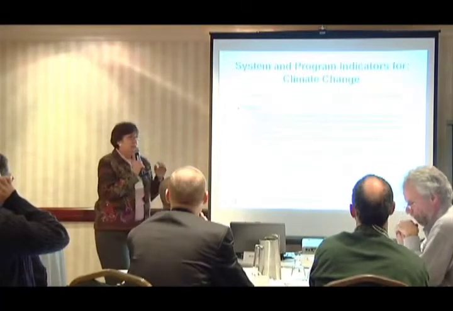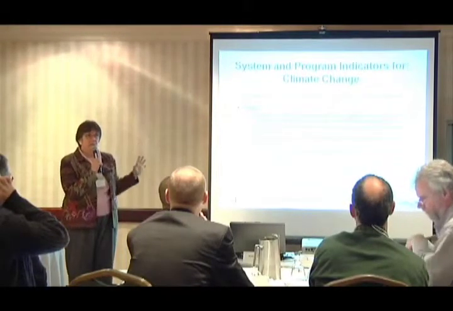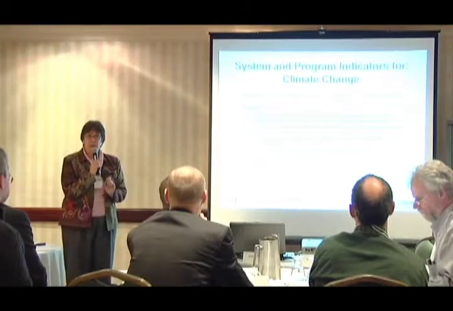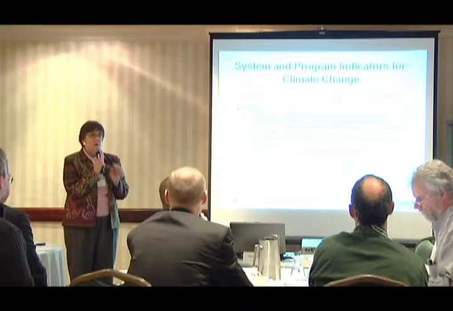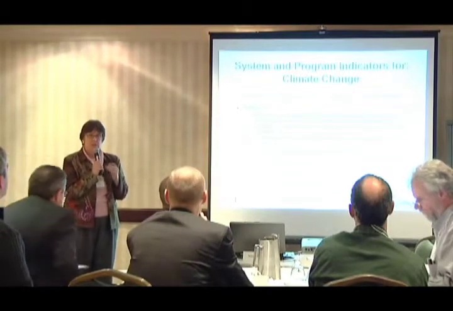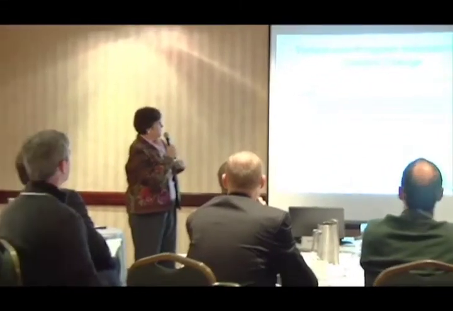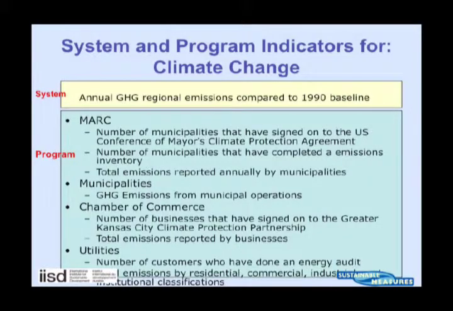So what we need to do is think about what are the big picture system level indicators, and then for different organizations, what I call the key actors, what are the indicators they can be using to say, here's what we're doing and we can report out on it. So here's an example from the project that I worked on in the Mid-America Regional Council of Governments, MARC, was working on trying to define how they could become America's green region. And so one of the indicators they came up with was greenhouse gas emissions.